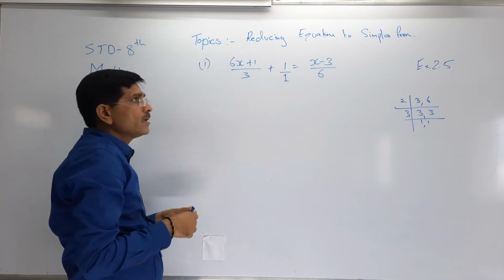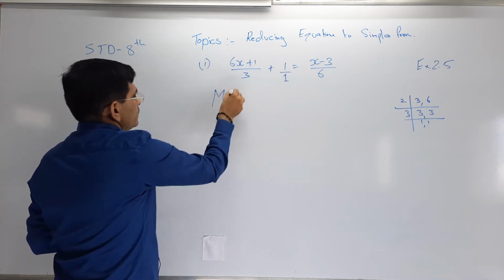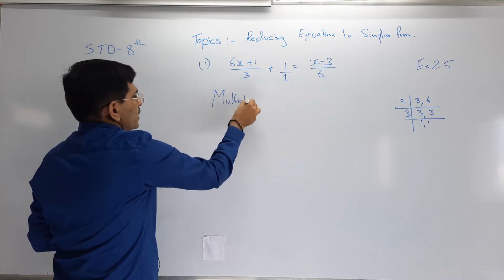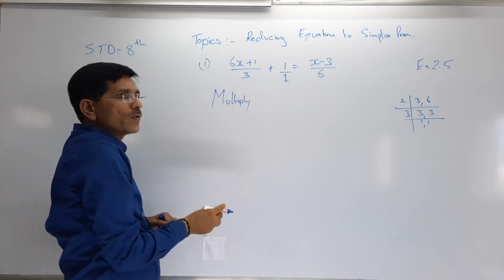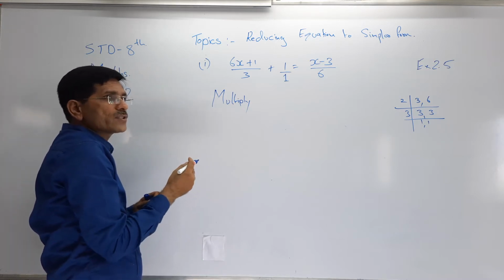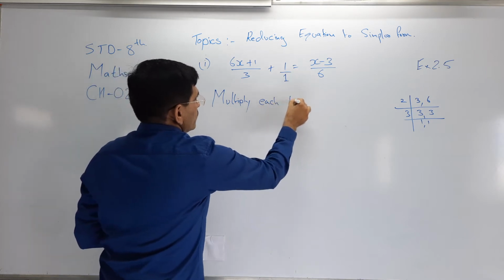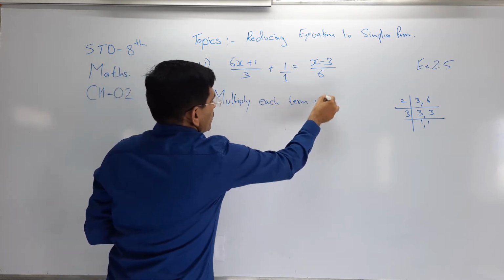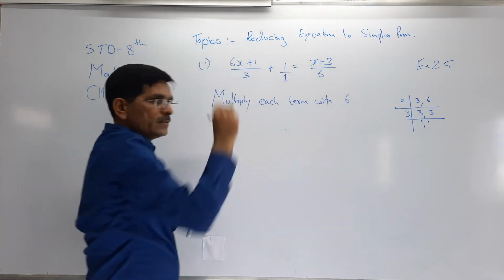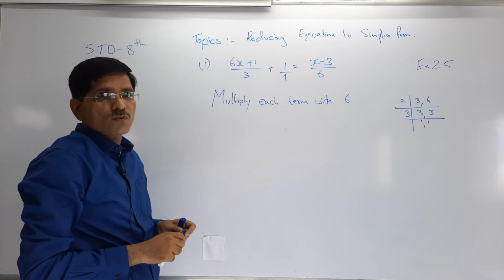What do I have to write? Multiply each term with the LCM, which is 6. So I have to multiply each term with 6.